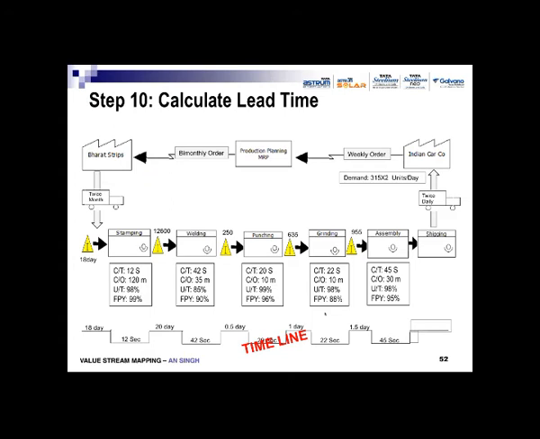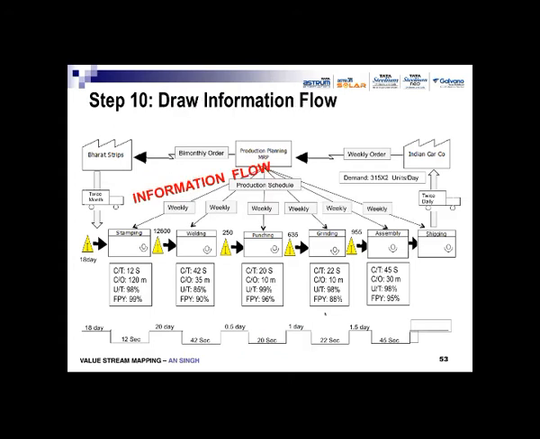So all the lead time data is calculated and presented in this way. Now we are going to map how the information flows right from the customer to the various production operations. The customer information, as already indicated, comes to production planning and material resource planning.